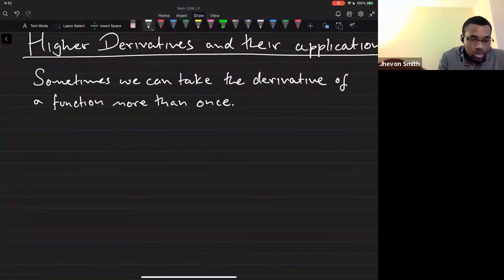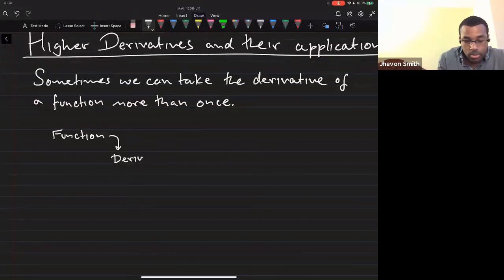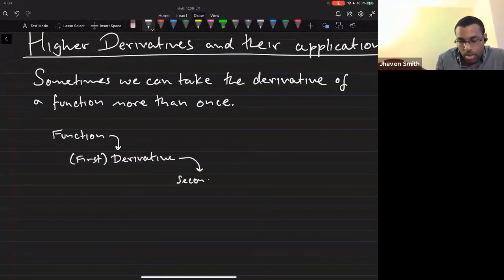So you can have your function, and then you can find the derivative. This would be the first derivative. Then you can find what's called the second derivative.